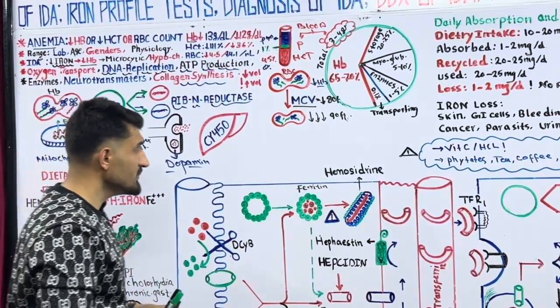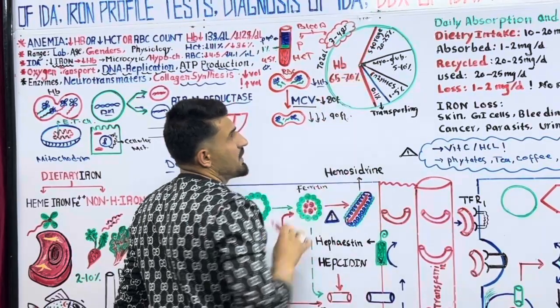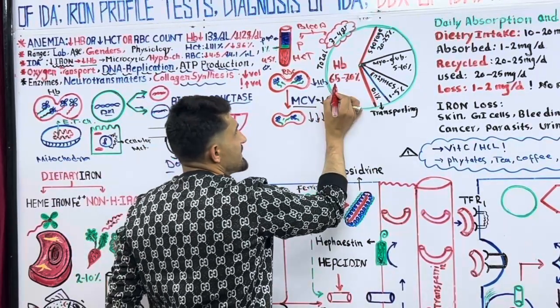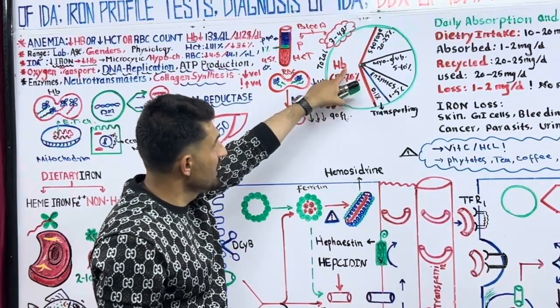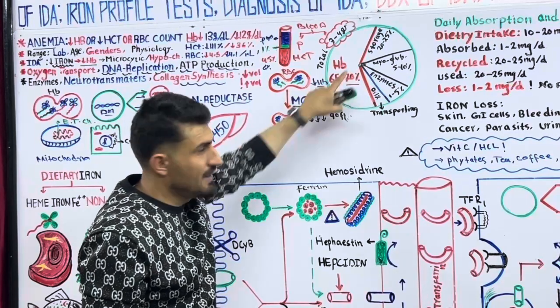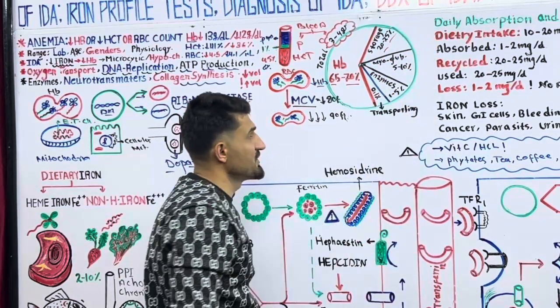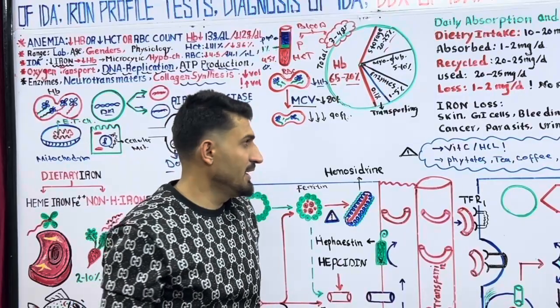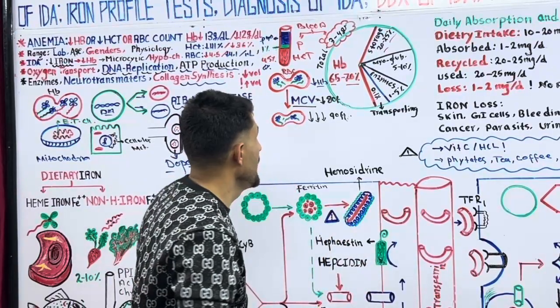Now, from this 3 to 4 gram iron, 65 to 70% of iron is inside the hemoglobin. Okay, it is used for hemoglobin synthesis. It's very important. Around 20 to 25% is in storage form, in the form of ferritin and hemosiderin. We will talk about them.